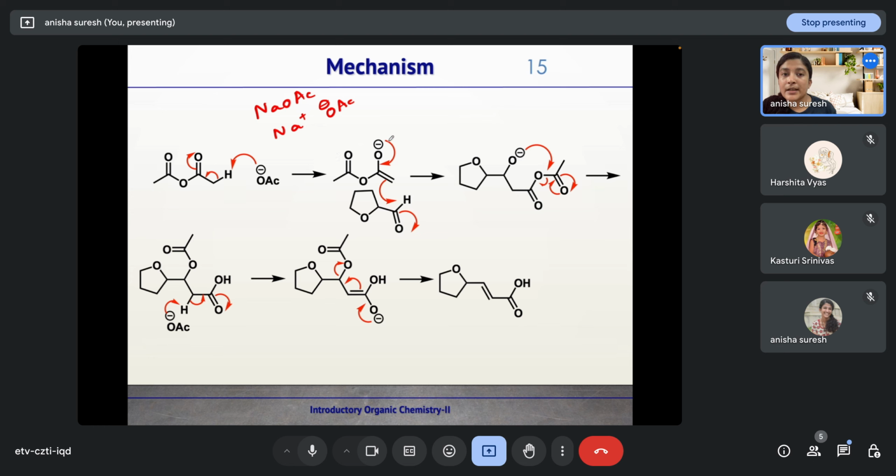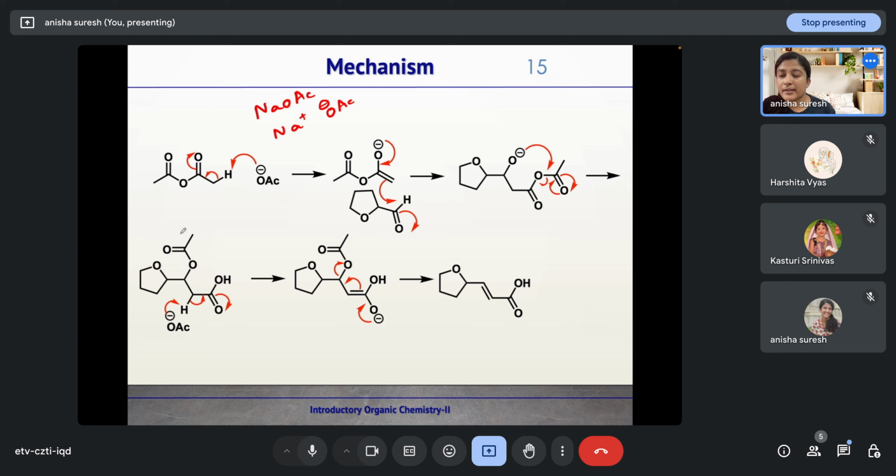And once this O minus will fold, this carbon-carbon double bond will go and attack on this electrophilic carbon atom of the aldehyde, leading to formation of this intermediate. Now this O minus will go and attack on one of the carbonyl groups of the anhydride, and that will get shifted to this position.